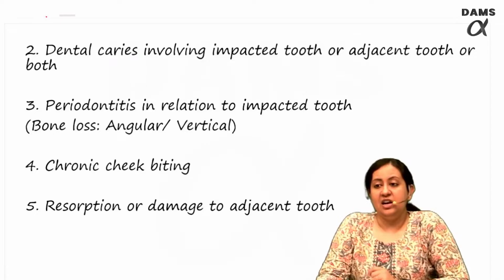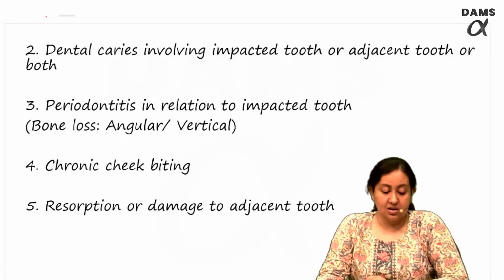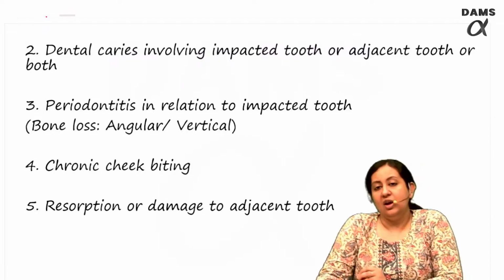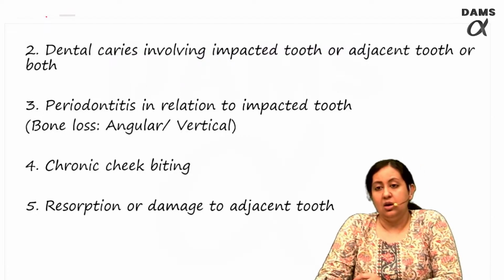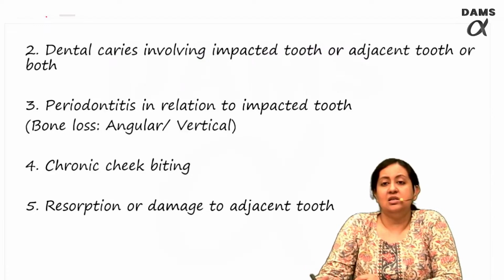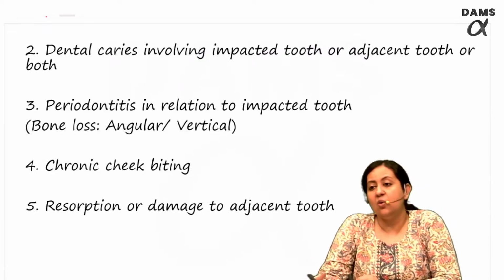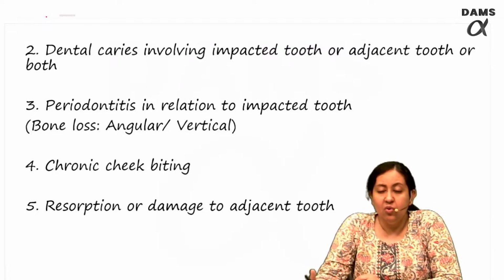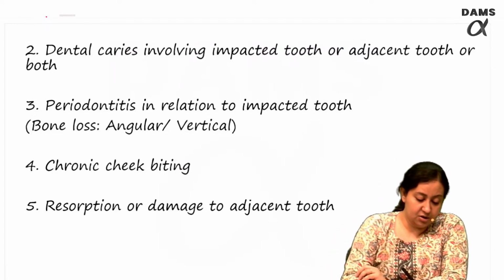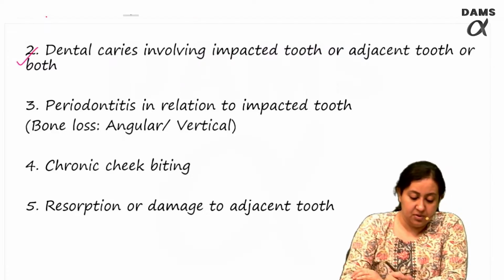Now the second indication, dental caries involving impacted tooth or adjacent tooth or both. If the impacted tooth has developed dental caries, or due to the position of the impacted tooth the second molar has developed dental caries, then you have to remove or extract the third molar or impacted tooth.